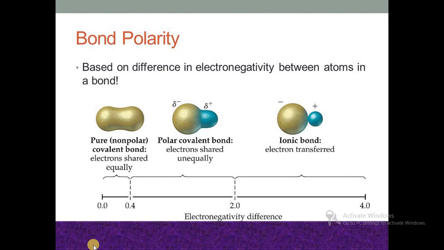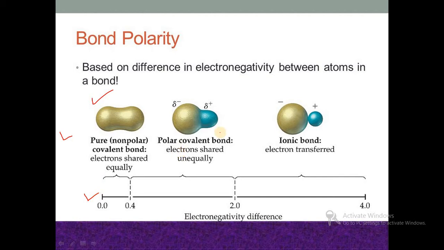In bond polarity, which is based on the difference in electronegativity between atoms in a bond, with respect to electronegativity difference it can be classified into three types. The first one is a pure covalent bond or non-polar covalent bond, in which electrons are shared equally, as in this diagram, and the electronegativity difference between them is almost zero.